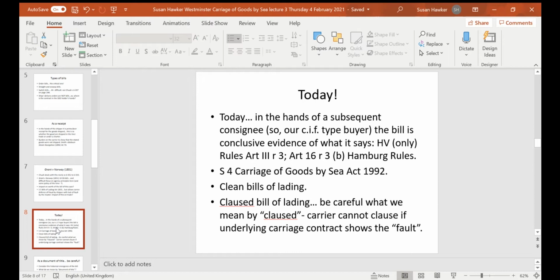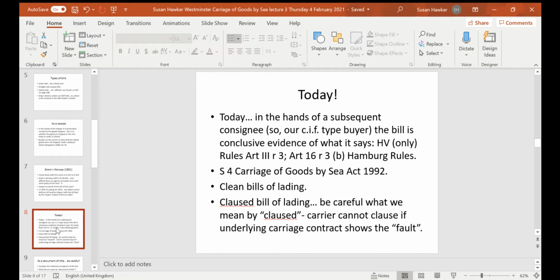And the reality in modern trading is that the bill of lading will often say, shipper says, shipper's assertion. So the carrier is not making a steadfast assertion. But in the bulk cargo trade, it is more likely that the master will be more forthcoming.